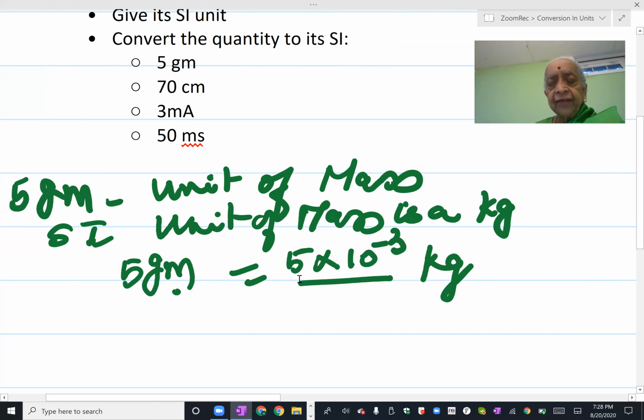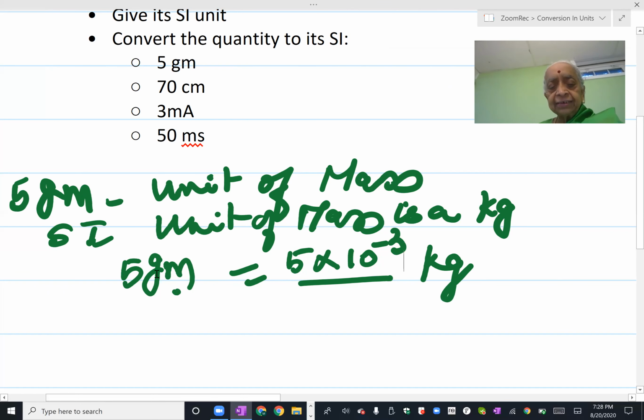And there is another universal way in which everybody is advised to represent a quantity. The coefficient which is multiplying the suitable power of 10 should preferably be a number, it need not be a whole number, it can be a decimal, but it has to be greater than 1 and less than 10. Here 5 is a number between 1 and 10, greater than 1 and less than 10.